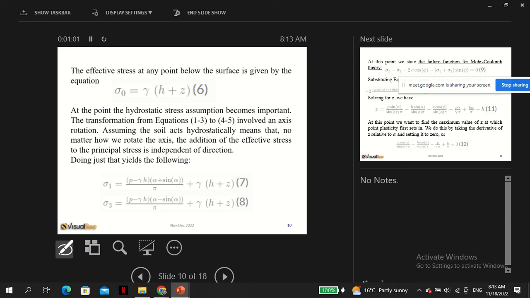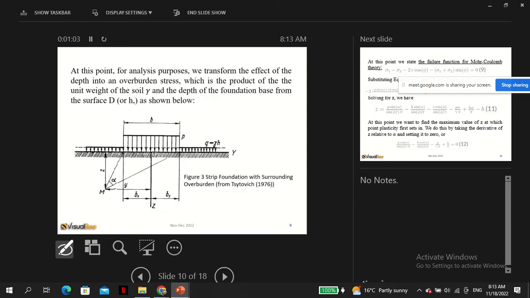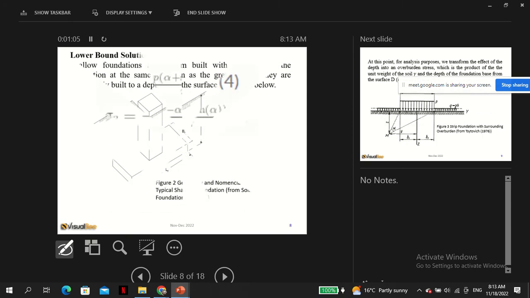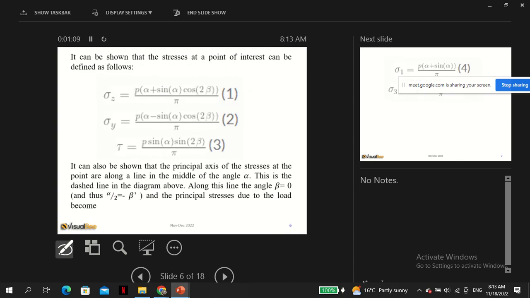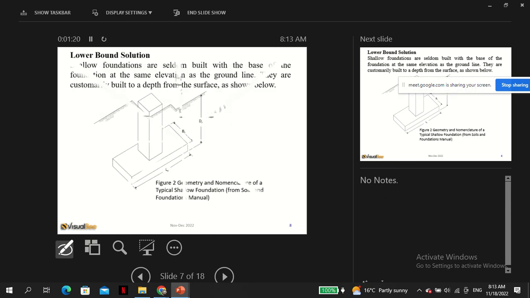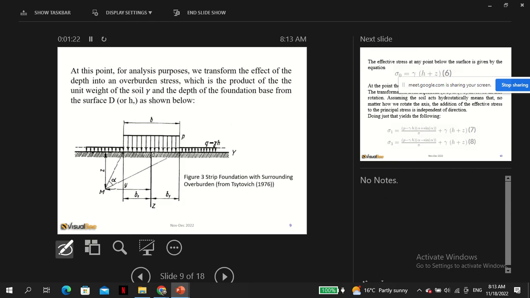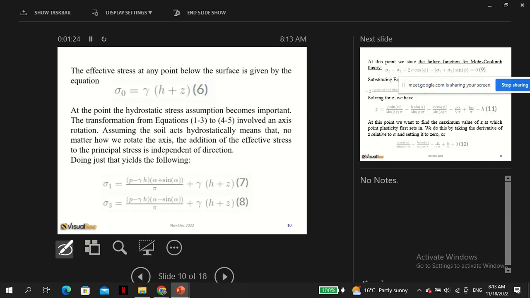So how we transformed equation 1 to equation 3 is just axis rotation, and equation 4 to 5 also involves axis rotation.